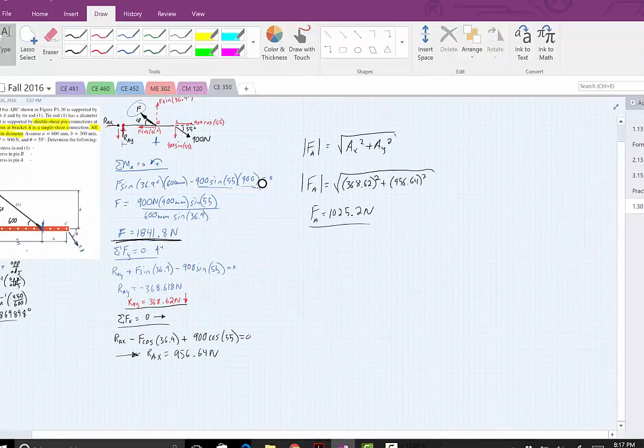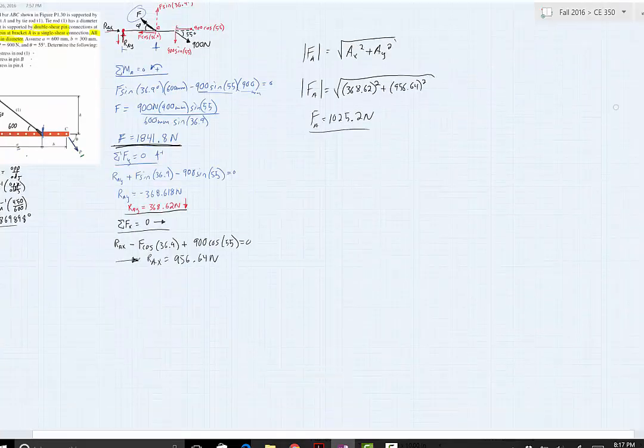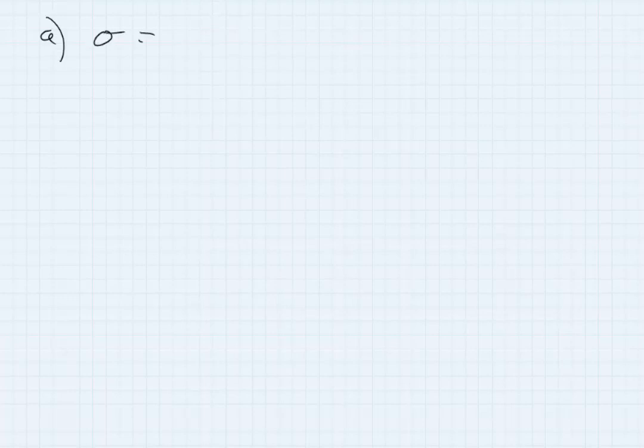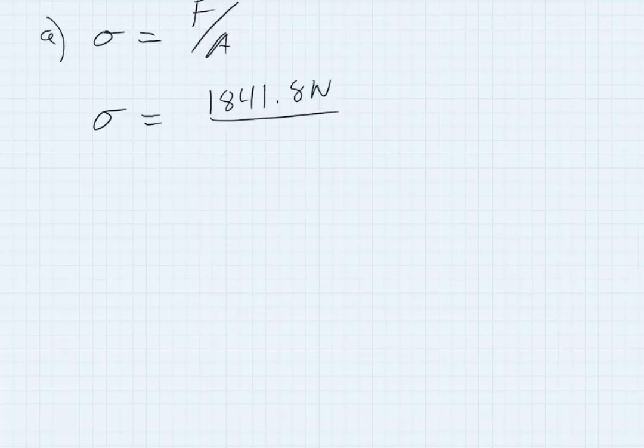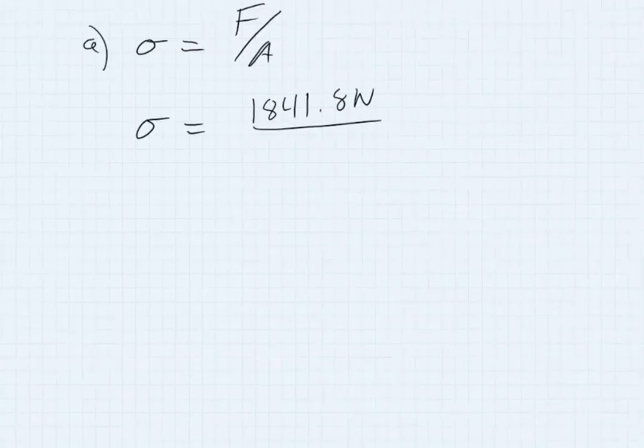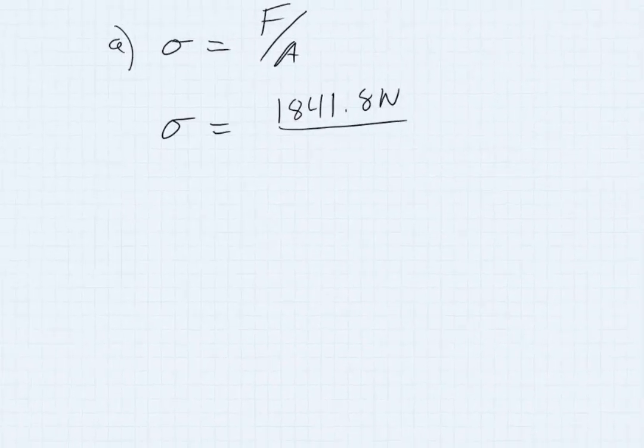Okay, so let's do the first part, which is finding the normal stress. So part A, find the normal stress in rod 1, which is F over A. So the normal stress is the force we found in rod 1, 1841.8 newtons, divided by the area of rod 1, which has a diameter of 5 millimeters.